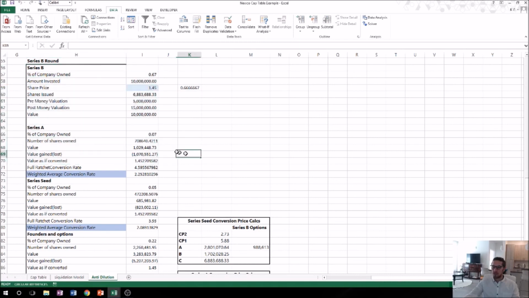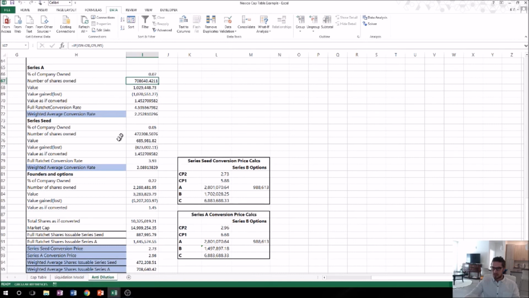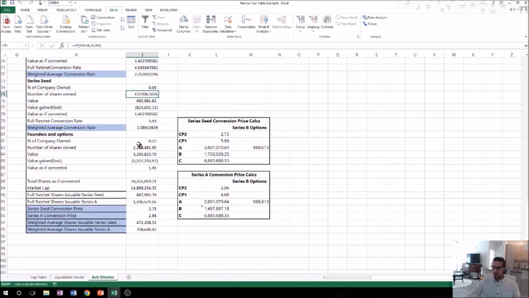That's the share price that it needs to be, and we're now being issued anti-dilution shares to Series A and the Series Seed, and that really affects the ownership of the company, of the founders, because now they only own 22% of the company, of the founders and the options. In all reality, the founders are only 1 million of these 2.2 million shares, so the founders own less than 10% of the company. And that is the end of the anti-dilution calculations.